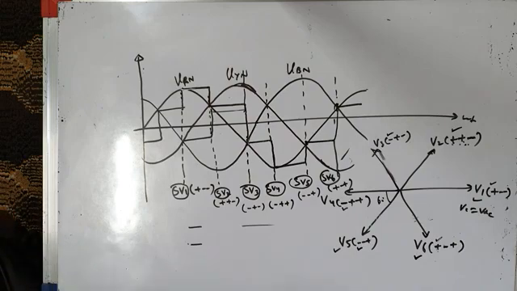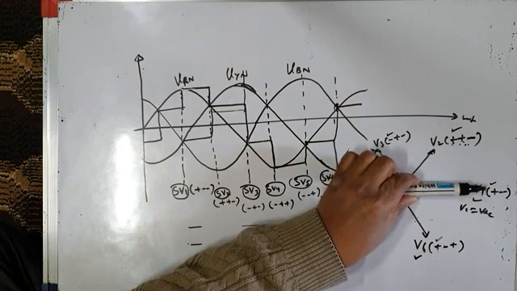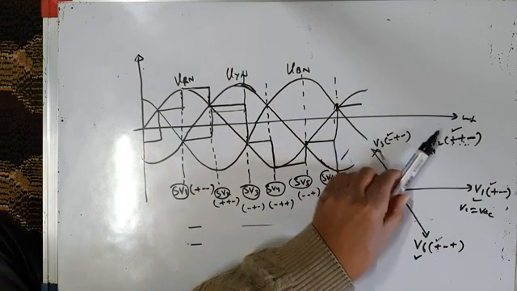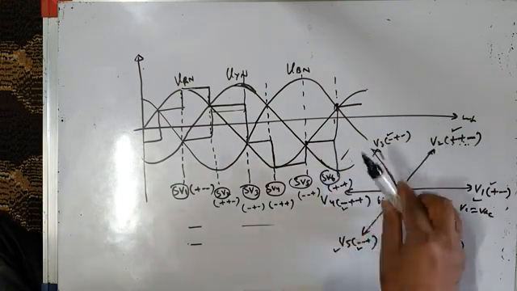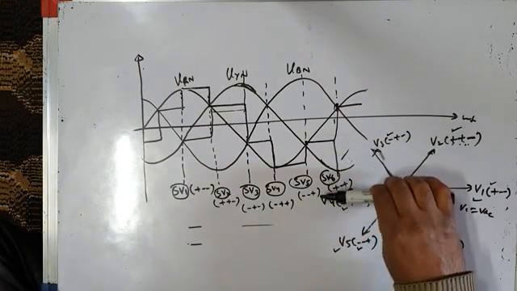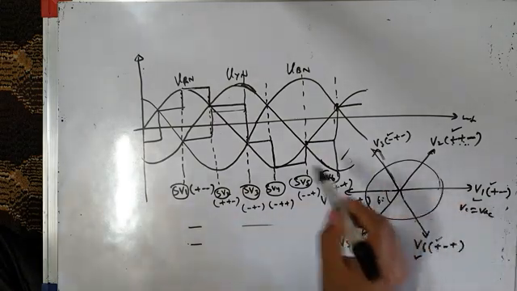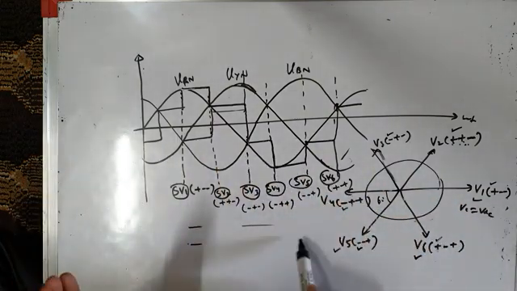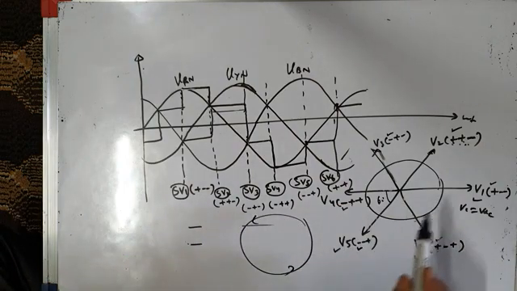For that purpose, our space vectors should not be like this. Our space vector should not be here for 60 degrees. Then it should not after 60-degree jump to V2. Then after another 60 degree, it should not jump to V3, V4, V5, V6. It should be a rotating space vector, just like three-phase induction motor में rotating magnetic field एक circular path trace करता है.